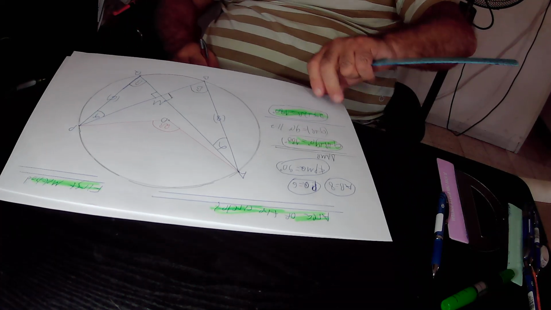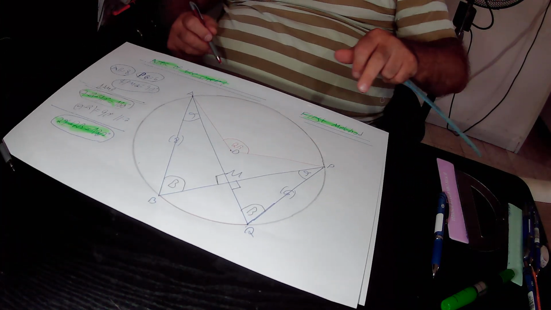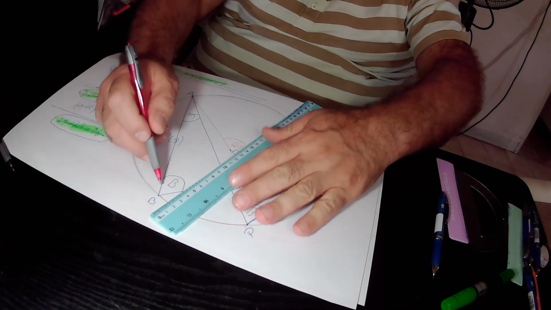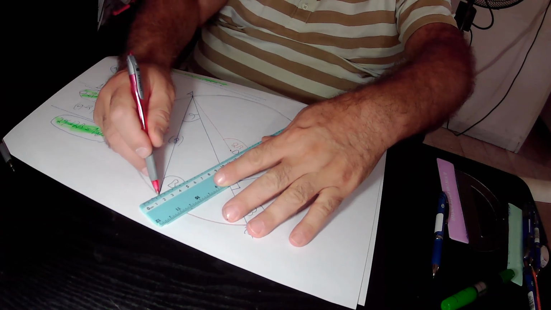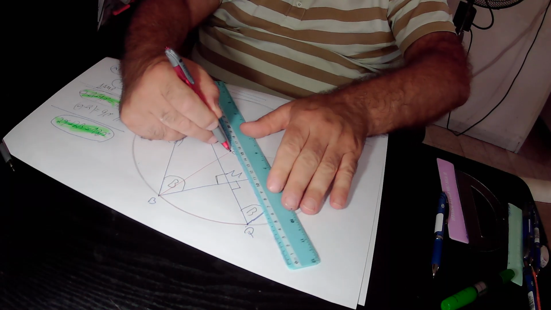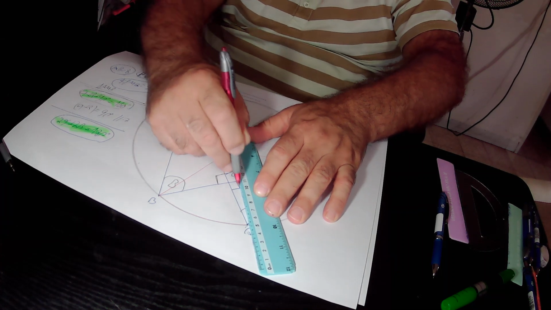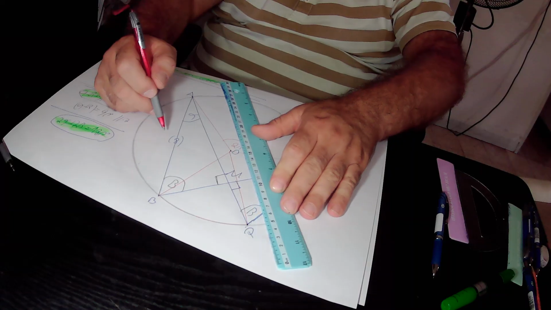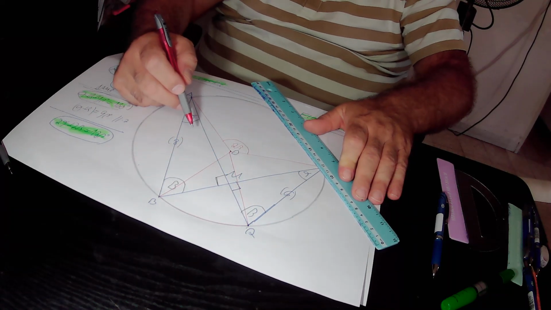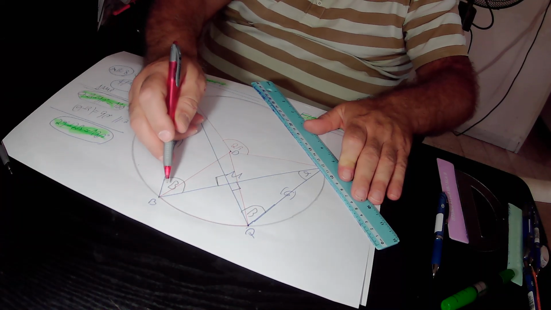In the next step, we create another center angle. This is center angle BOQ that subtends on arc BQ.